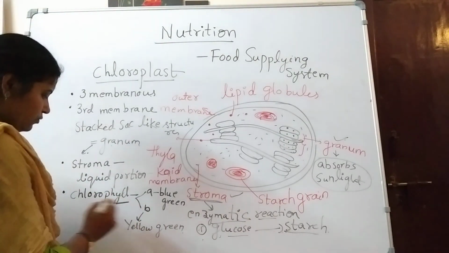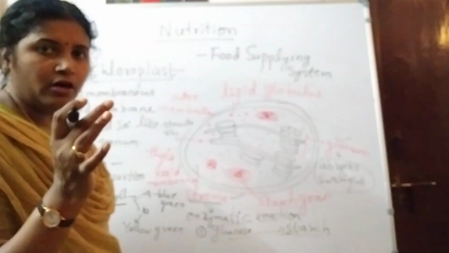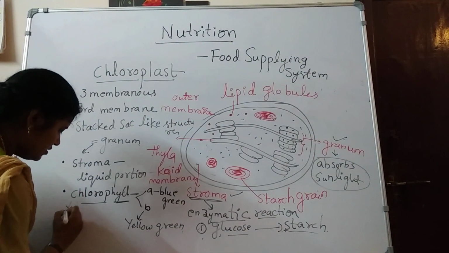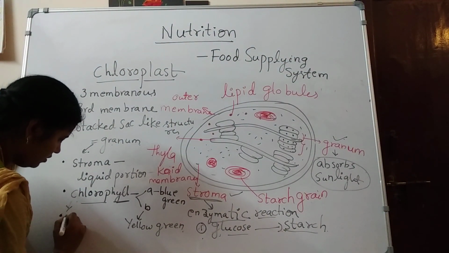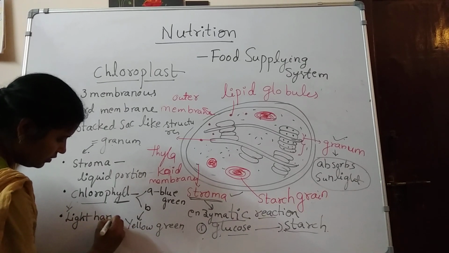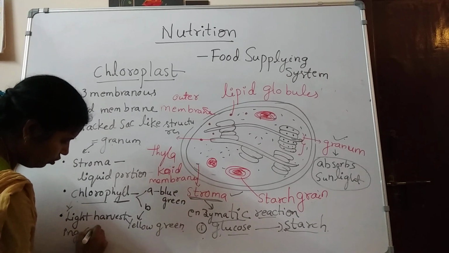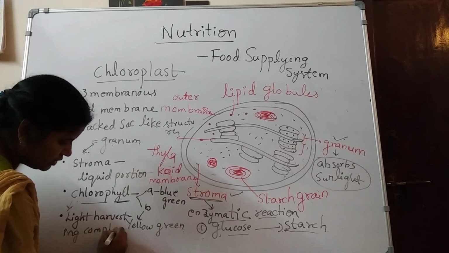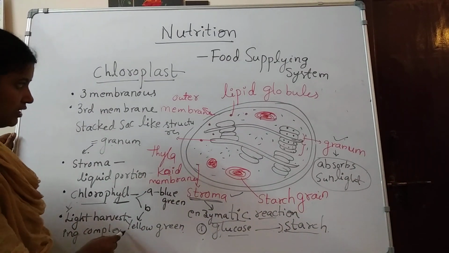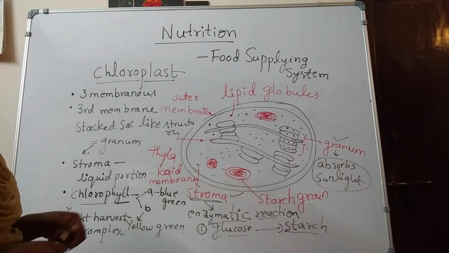All these chlorophyll pigments are joined together and form a light harvesting complex, or photosynthetic unit. We have another name, that is photosynthetic unit. So this is about the chloroplast structure.